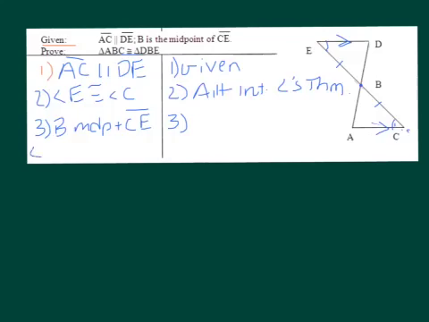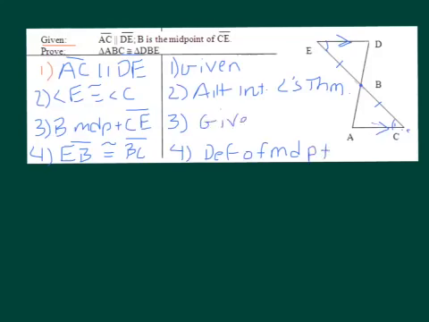So that is what I can logically draw as my next step, is that segment EB is congruent to segment BC. And the reason I can say that is because that is the definition of a midpoint. And I'm sorry, I forgot to write down that this was our given.